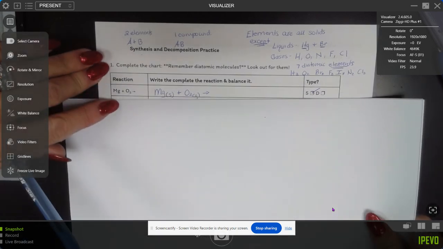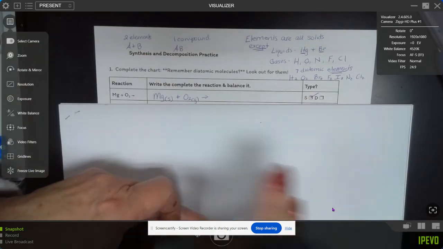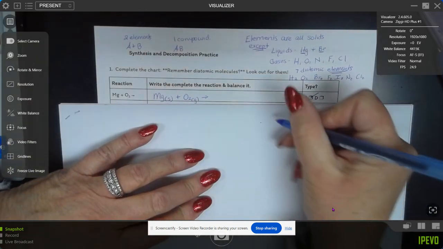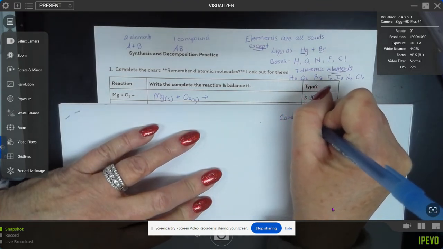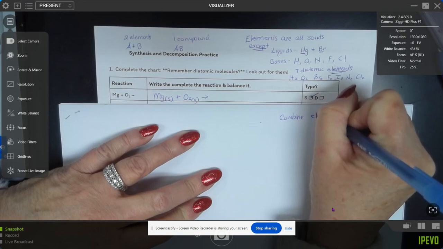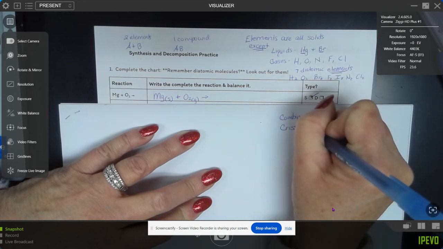Those react to give us a compound. And in order to figure out the compounds, you have to combine the elements and crisscross the charges.